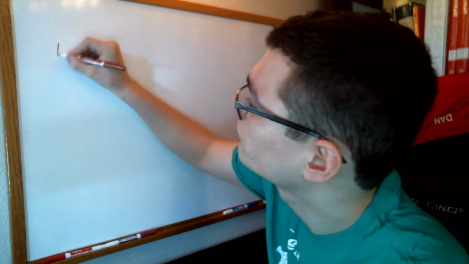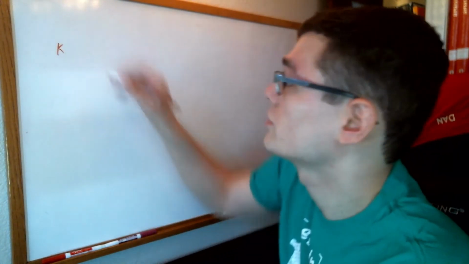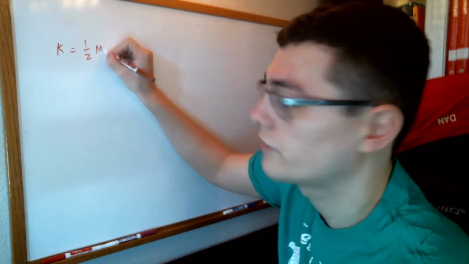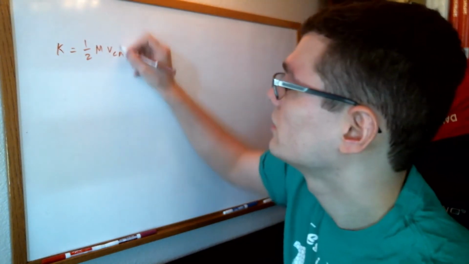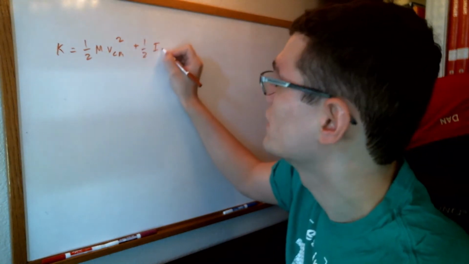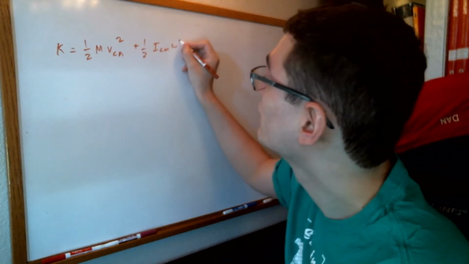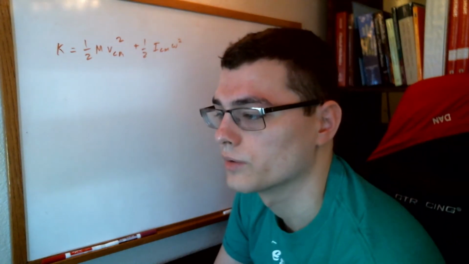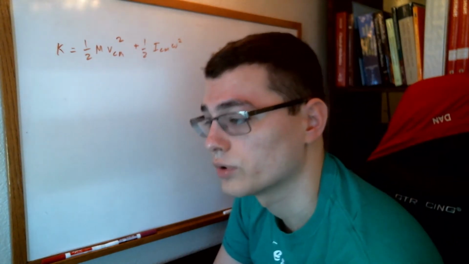So then we can just sum up these two and say that K is going to be equal to 1/2 m Vcm squared plus 1/2 Icm omega squared. So this is going to be a rigid body with both translational and rotational energy.